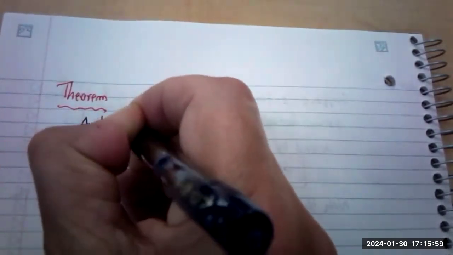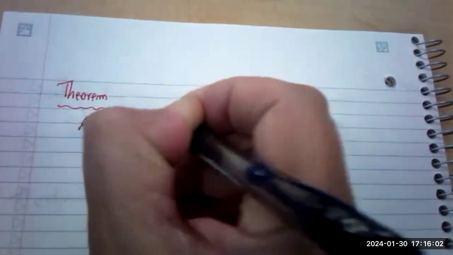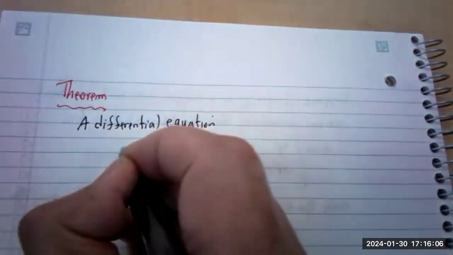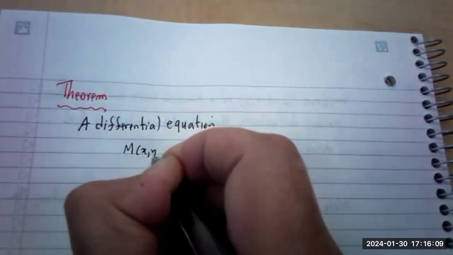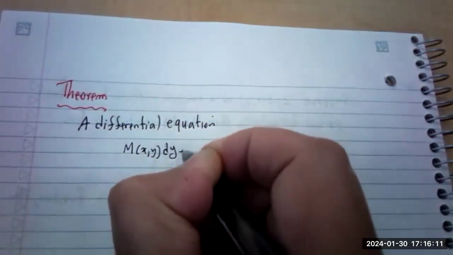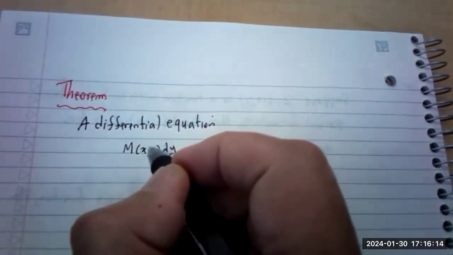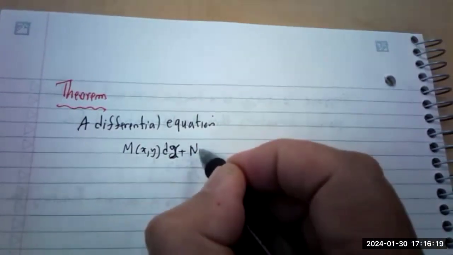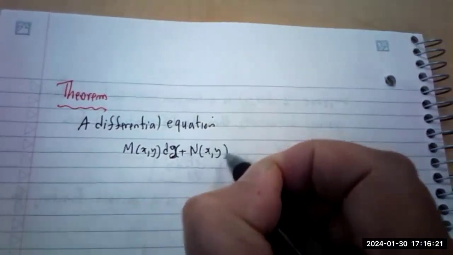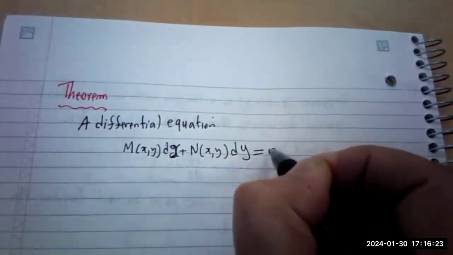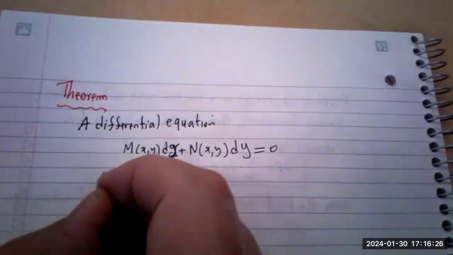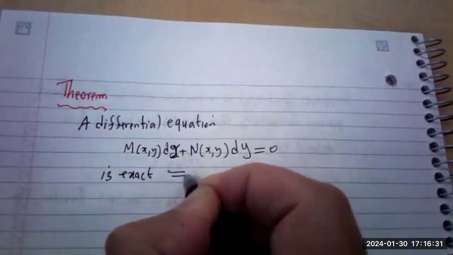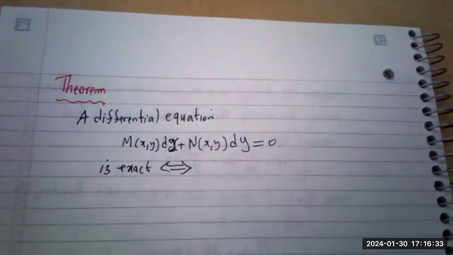A differential equation of this form, M of x comma y dx, that's N, I'm sorry, that must be dy, plus N of x comma y dy equal to 0, is exact with the condition that we talked about if and only if this condition is satisfied.